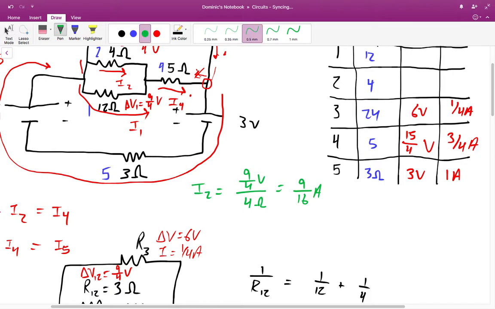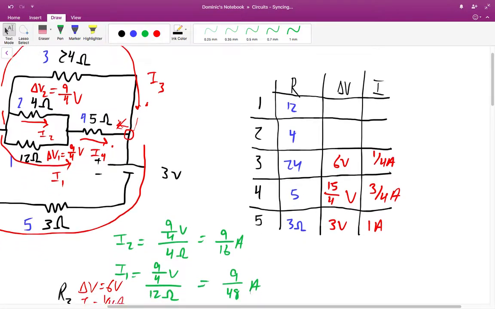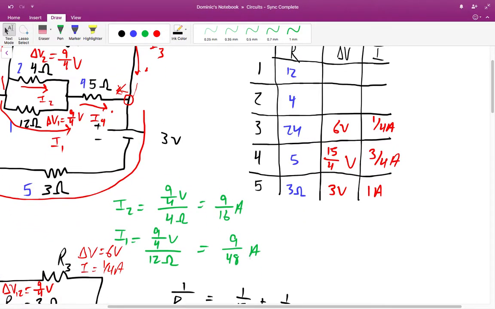And then for current I1, we are going to get the same voltage, so 9 over 4 volts, and we are dividing that by 12 ohms. All right, and so we would get 9 over 48 amps. Okay, so not very pretty there, but that should be right.